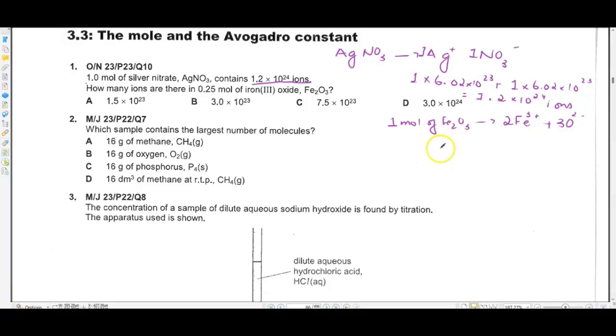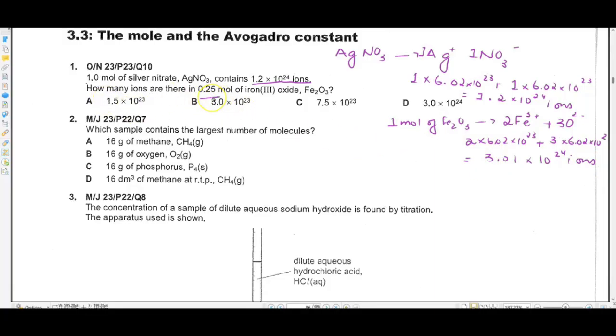That means there are a total of 5 ions. You can do 2 into 6.02 into 10 raised to the power 23 plus 3 into 6.02 into 10 raised to the power 23, or you can just multiply 6.02 into 10 raised to the power 23 by 5. This yields 3.01 into 10 raised to the power 24 ions. So in 1 mole of Fe2O3 there are this many ions, but they are not asking us about 1 mole.